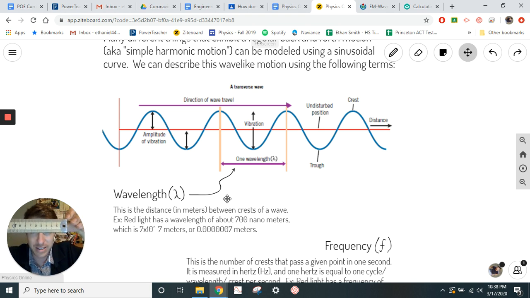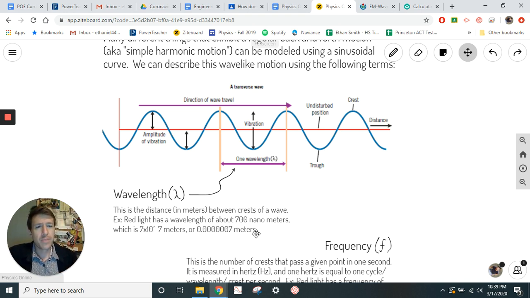Looking at this, a single millimeter is 0.001 meters, and this is 0.0000007 meters. So picture just how small that wavelength is. That actual wave in that electromagnetic field for red light is not very big, right?